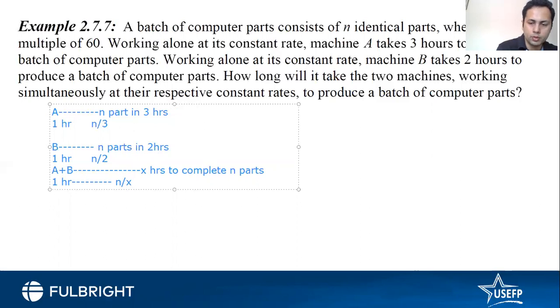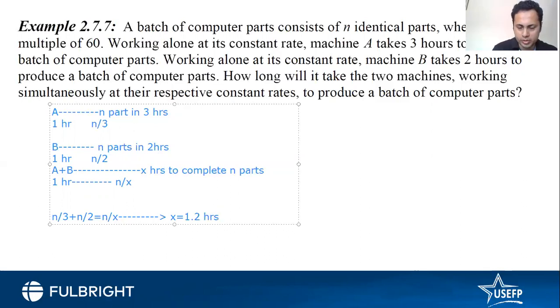So we add n over 3, which is the rate of machine A, plus the rate of machine B, which is n over 2, and that should be equal to n over x. If you solve this equation, it gives you x equals 1.2 hours.